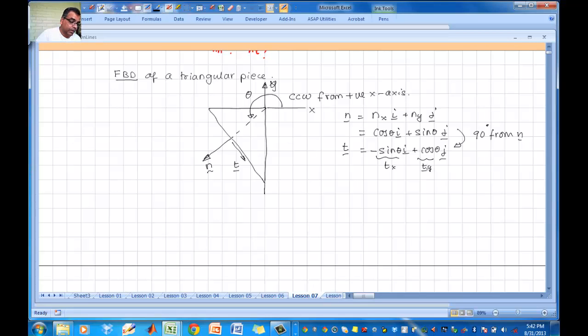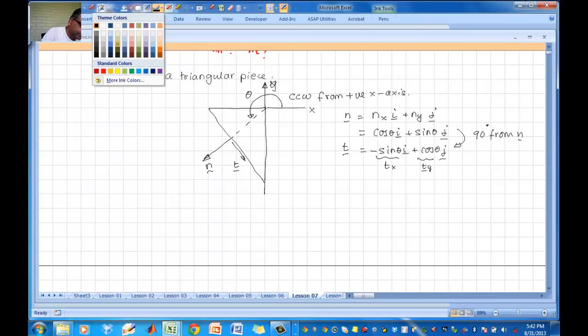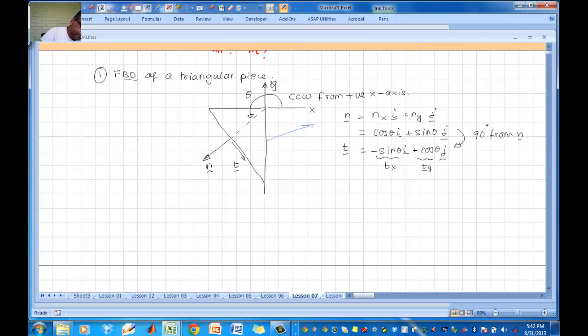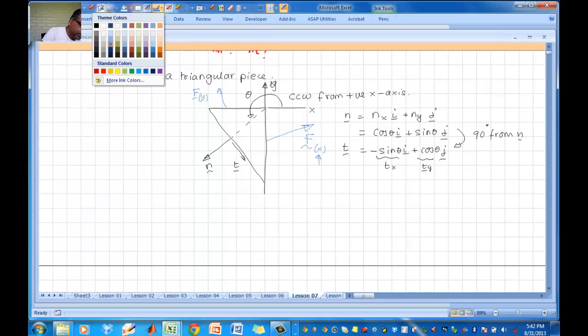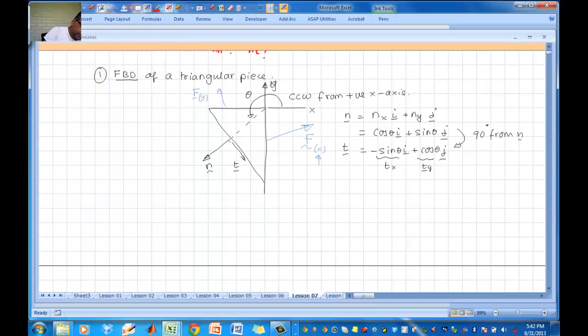Excellent. Now we're going to draw the free body diagram. So I'm going to draw the forces. So let me draw the known forces. Presumably I know Fx. This x represents the face. I know Fy, but what I don't know is Fn.